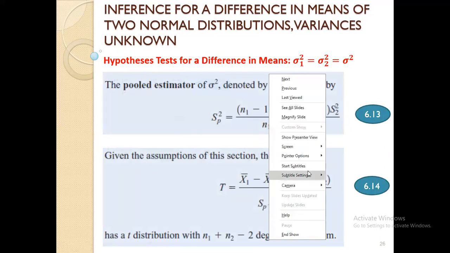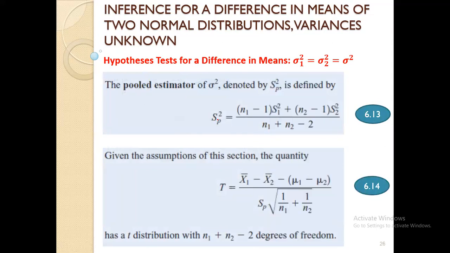For this case, we have to modify some terms. We do not use s, we do not use sigma. We use the pooled estimator of sigma, Sp. We use Sp to calculate this term, which is the t statistic.